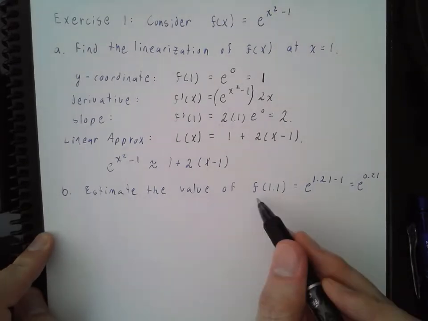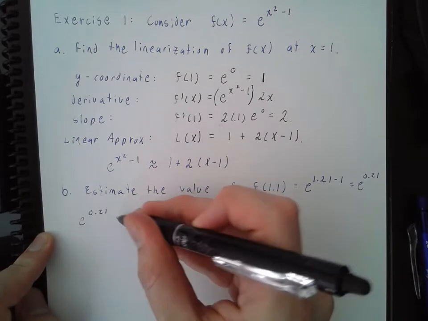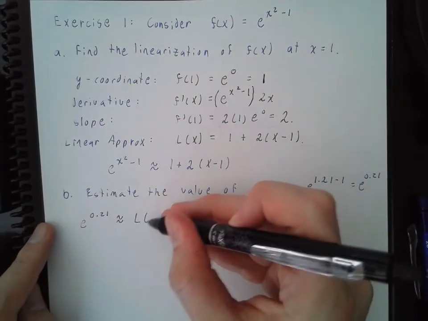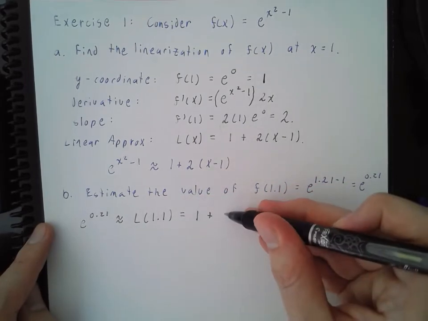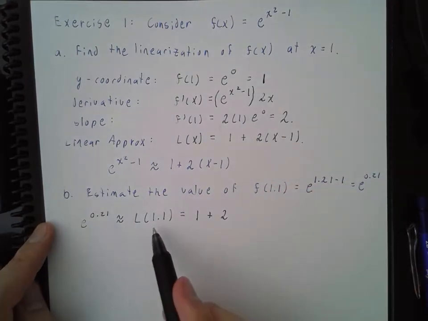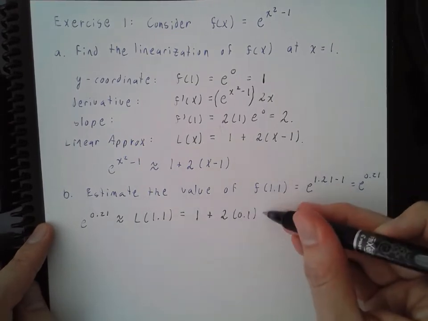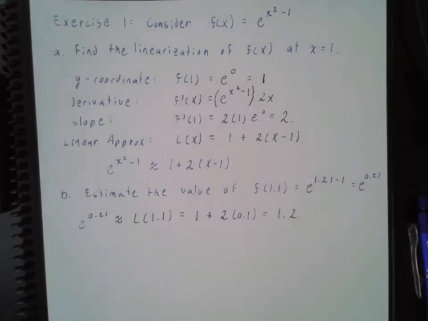So the way I'm going to estimate this value is by using the linear approximation. I'm just going to evaluate L of 1.1, 1 plus 2, and then when we do 1.1 minus 1, we're going to have 0.1. And now we have this fairly simple value of 1.2.